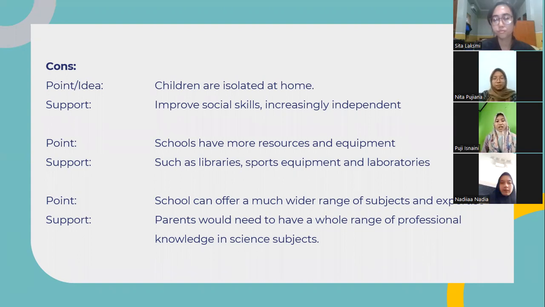And the point: schools can offer a much wider range of subjects and expertise and support. Parents would need to have a whole range of professional knowledge in the same subjects. I think that's all. Thank you.